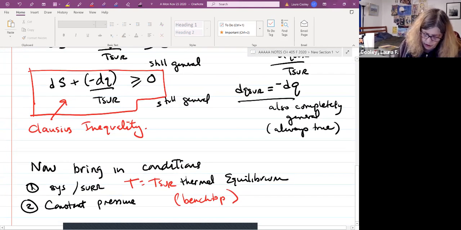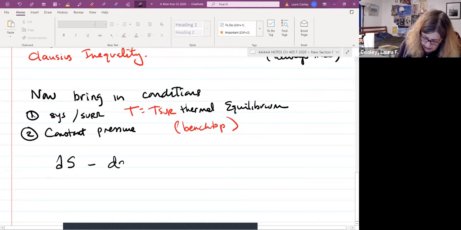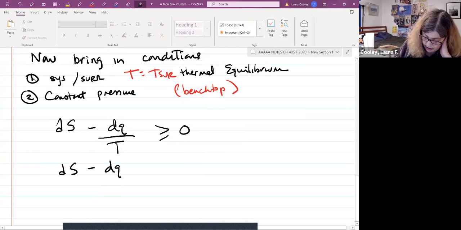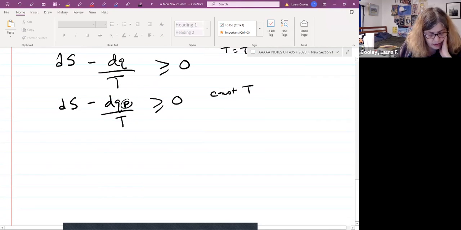Okay, so dS minus dQ over T is greater than or equal to 0. Replace T surroundings with T. And now I'm just going to call this dQp, because I said constant temperature. All right, so now I have this.